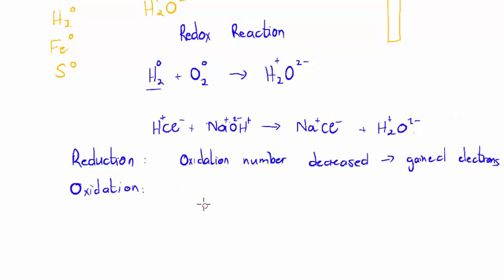Oxidation is when your oxidation number increased. So if I'm oxidizing something, I'm giving it a higher oxidation state. In other words, you're losing an electron, because your oxidation number is positive when you've lost electrons. So it's increasing if you're losing electrons. That makes sense, no?